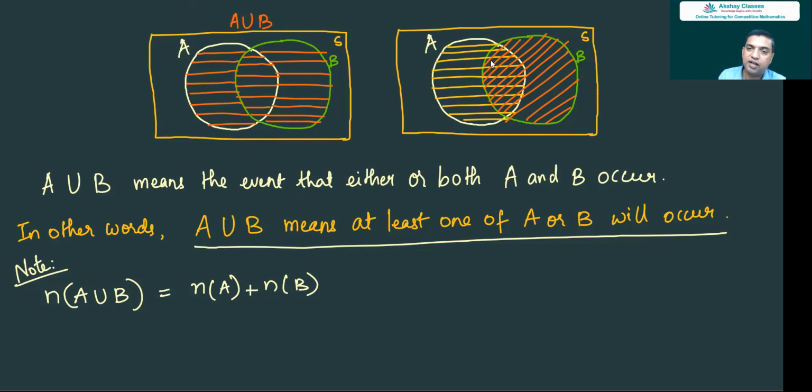But what have we done? We have counted this combined portion A intersection B with A, and also we have included this region again in the count with B. So we have included it twice. We should have included it once. So we eliminate it once. So n of A union B is n of A plus n of B minus n of A intersection B.